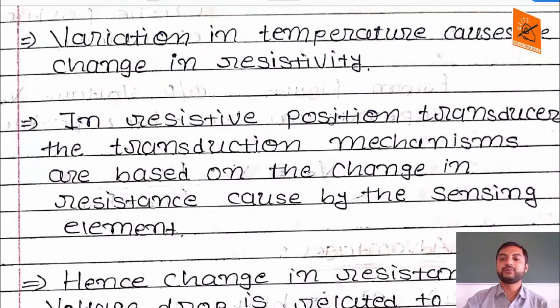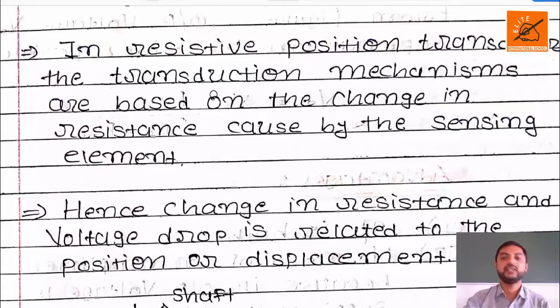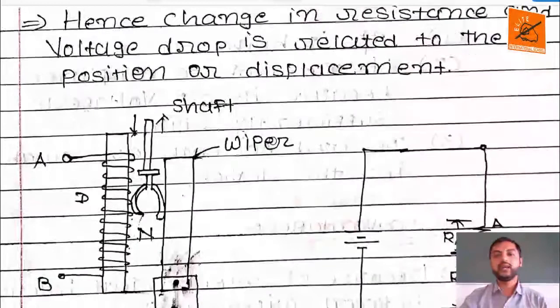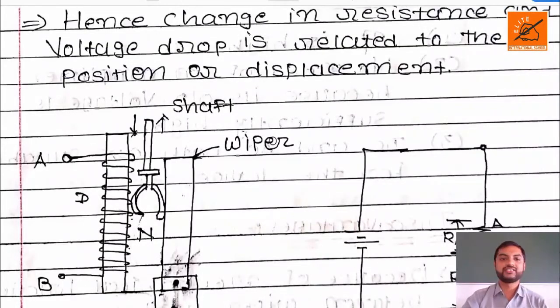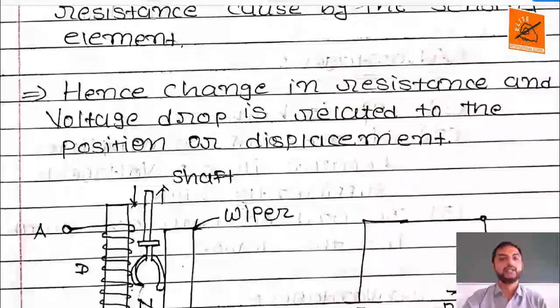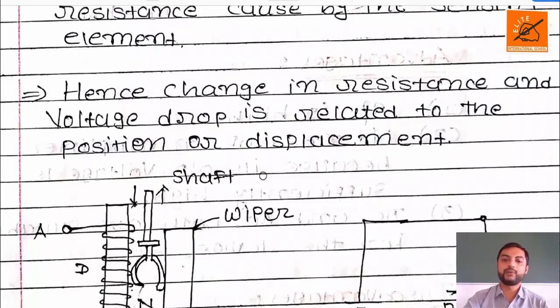In resistive position transducers, the transduction mechanism is based on the change in resistance caused by the sensing element. Hence, change in resistance and voltage drop is related to the position displacement. Here you can see that the resistance and voltage drop is related.